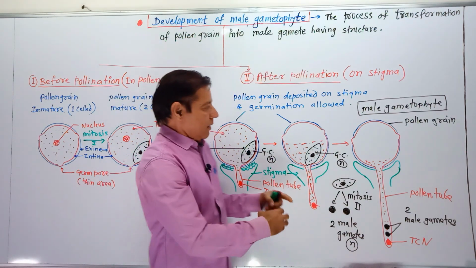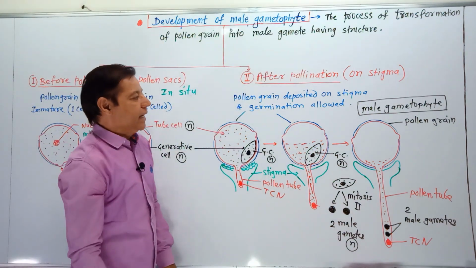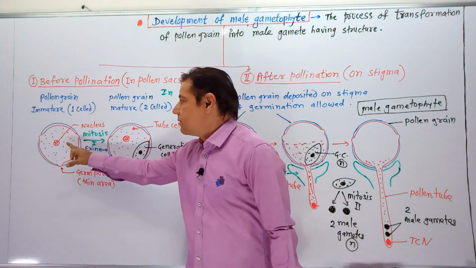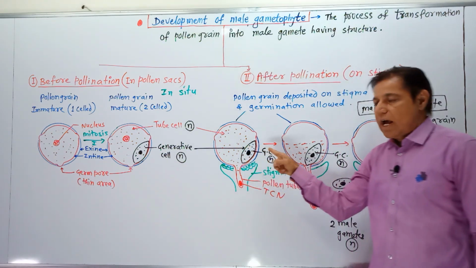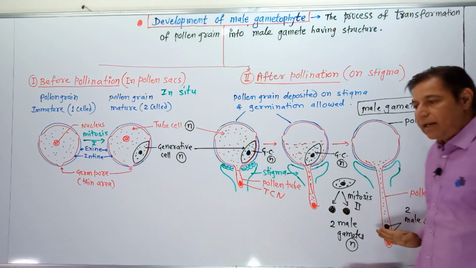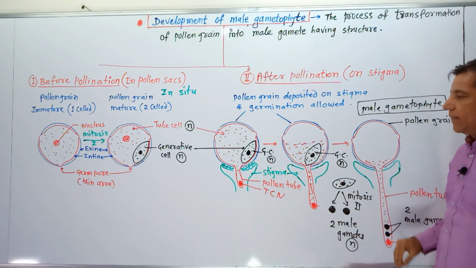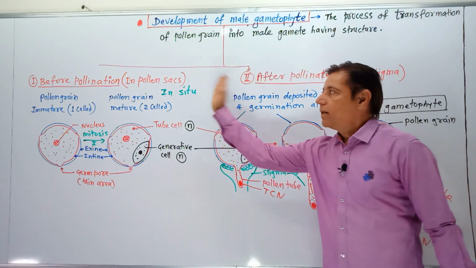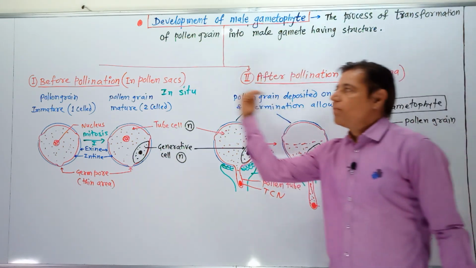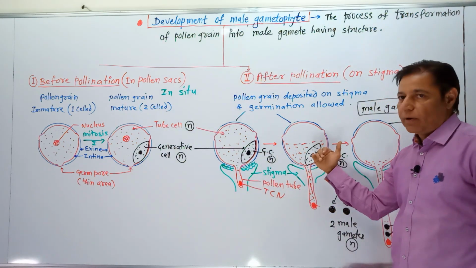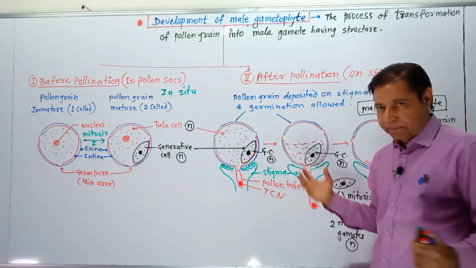The process is called the development of male gametophyte. In this way, a single pollen grain transforms into a male gamete containing structure, called the male gametophyte, inside pollen sacs and on the stigma, or before pollination and after pollination. In two steps, the male gametophyte process is completed.